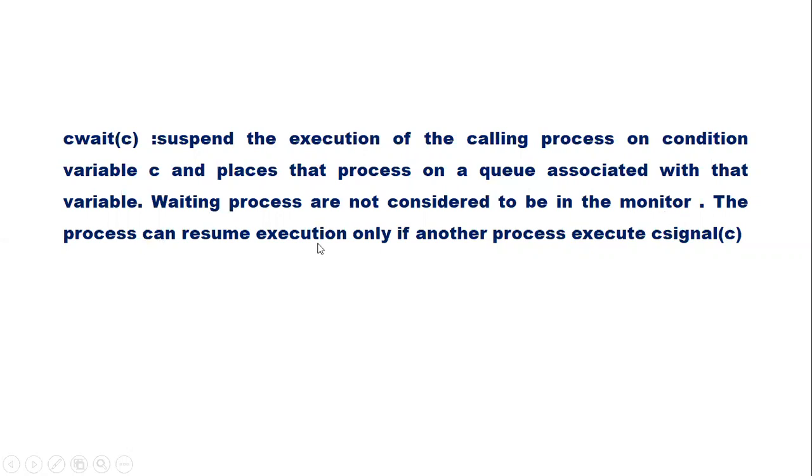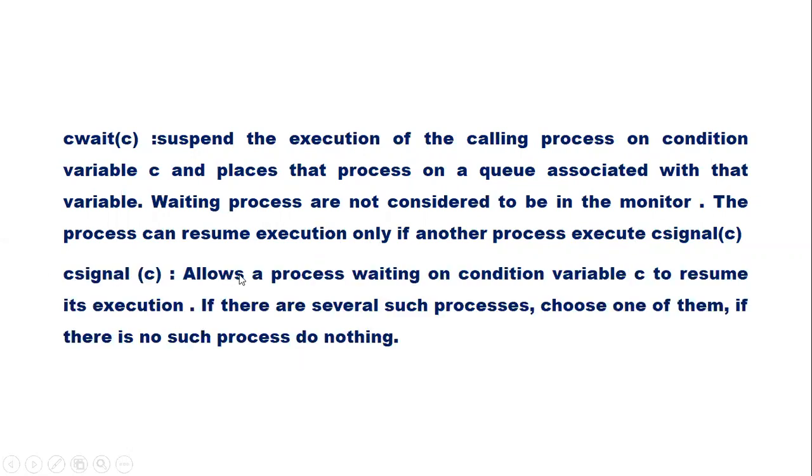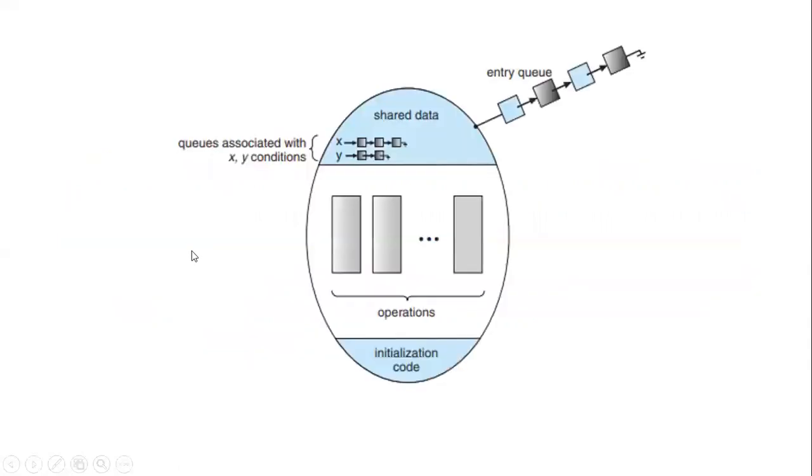The process can resume execution only if another process executes the csignal. csignal allows a process waiting on a condition variable C to resume its execution. If there are several such processes, choose one of them. If there is no such process, do nothing. So these are the two operations that operate on the condition variables.